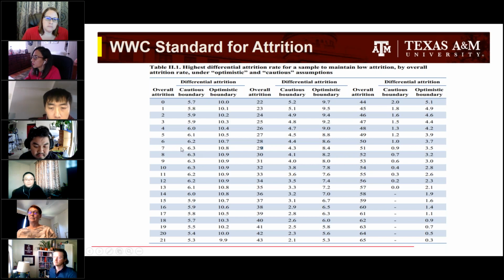So if your study has a 7% overall attrition, the differential attrition between treatment and control should be less than 6.3% when the cautious boundary is applied, while it can be lower than 10% when the optimistic boundary is applied.